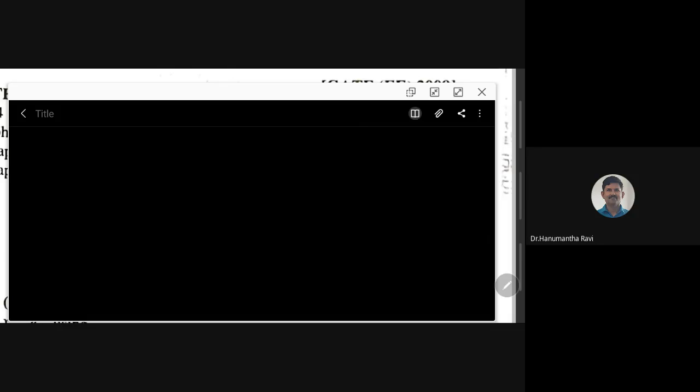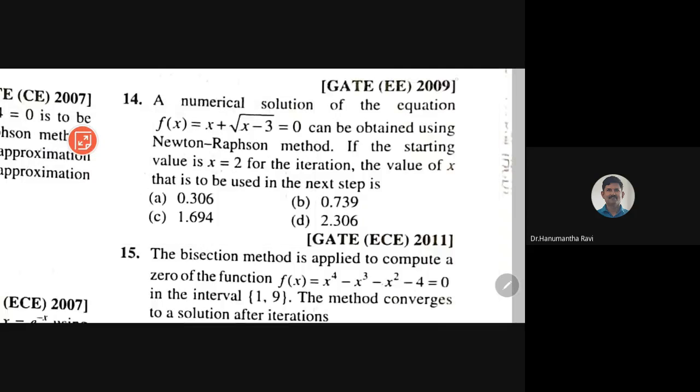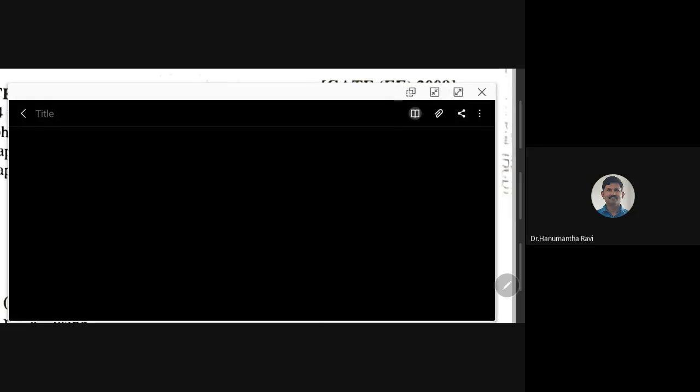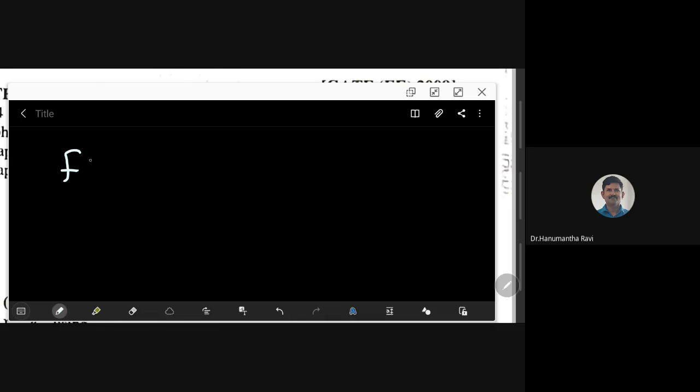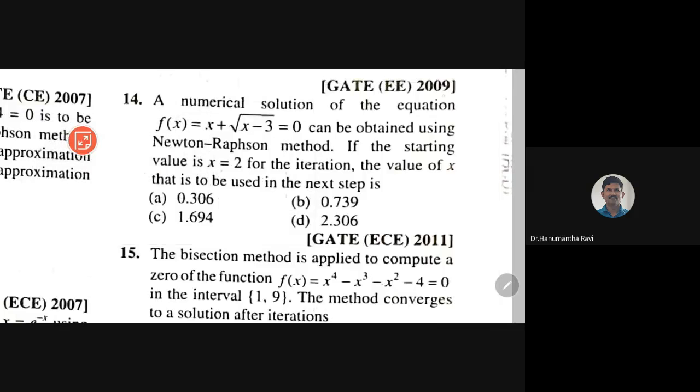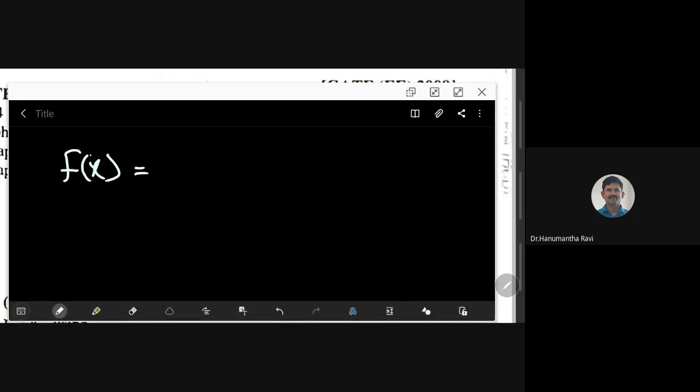What does that 14th problem say? f of x is equal to x plus square root of x minus 3.